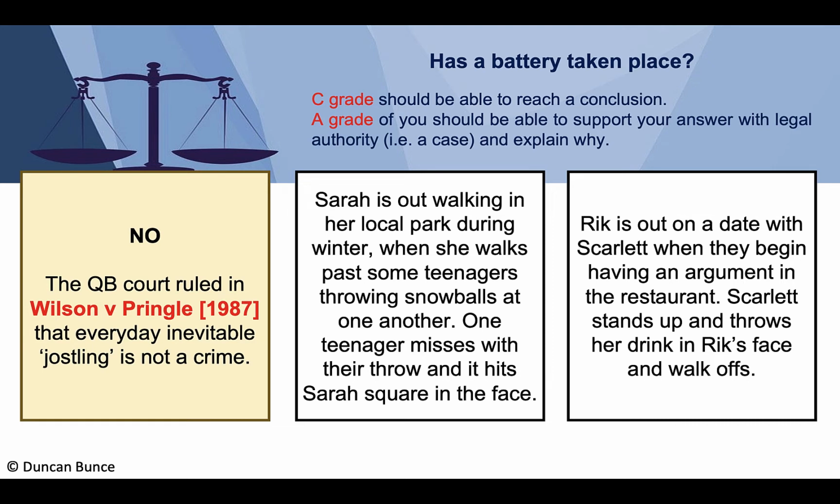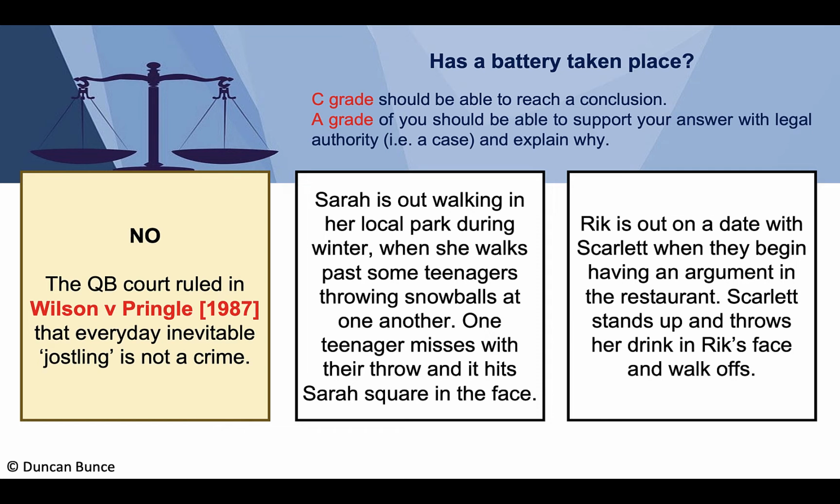Now, the unlawful force is clearly that snowball that hits her in the face. The mens rea we have is the defendant intentionally or recklessly applies unlawful force to the victim, Sarah here.